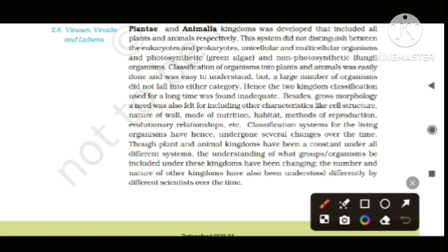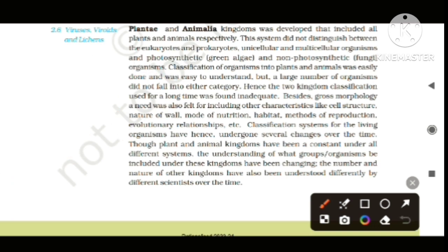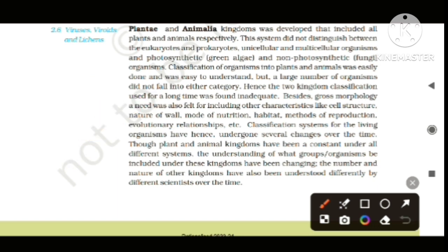The classification system kept changing as our understanding was broadening, and the number and nature of other kingdoms have also been understood differently by different scientists over time.